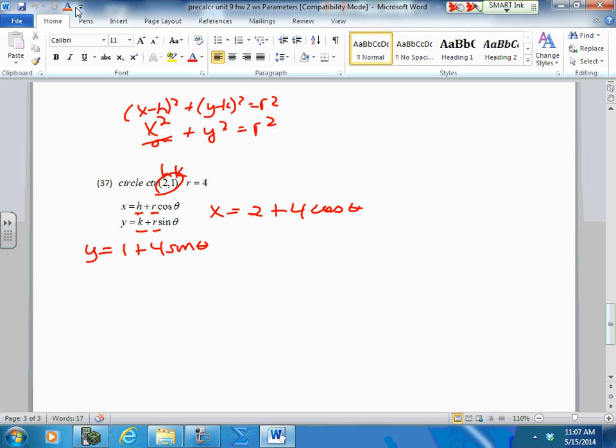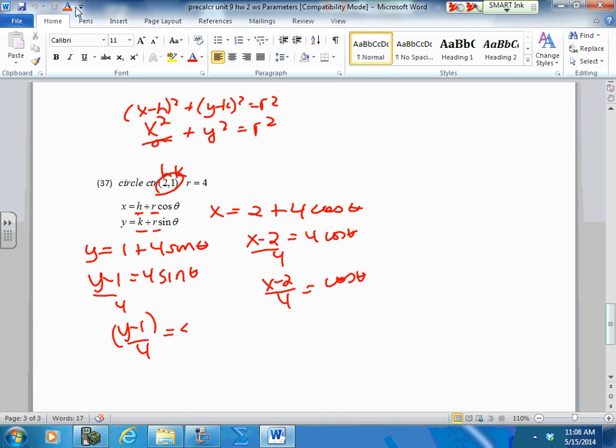So then you just solve it like before. Just like we did. Same thing. So now we subtract 2. Divide by 4. Subtract 1. Divide by 4. Do you notice that both of your denominators are the same?